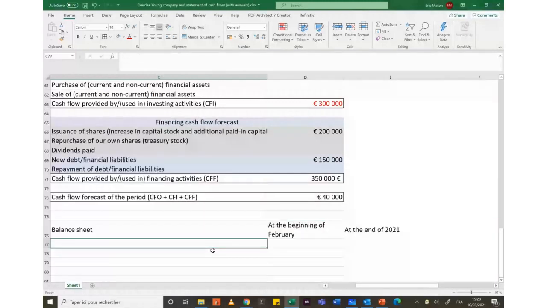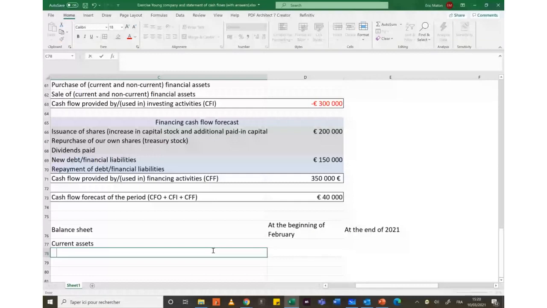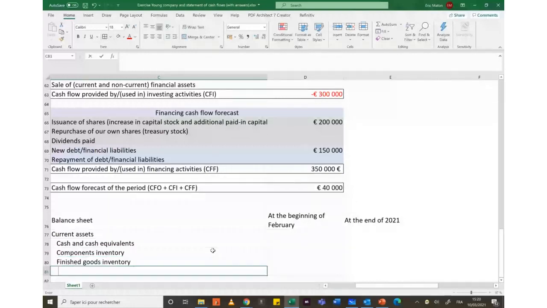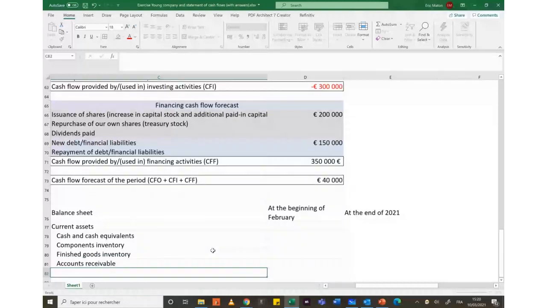In the current assets, we can put the cash and cash equivalents. We have the components inventories. We have the finished goods inventory. We have the accounts receivable. So now we have the total current assets.